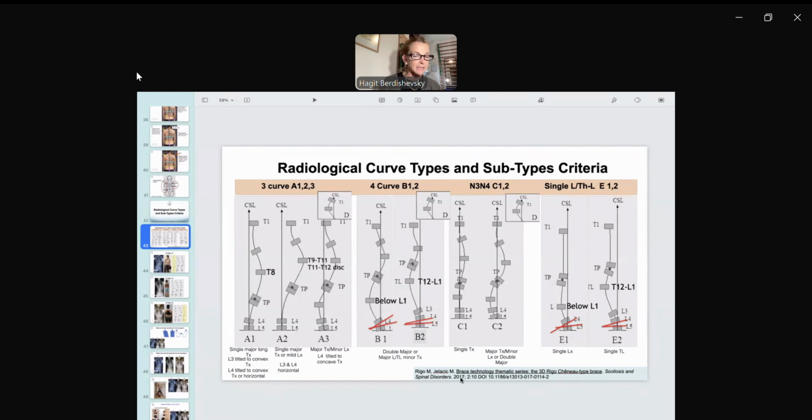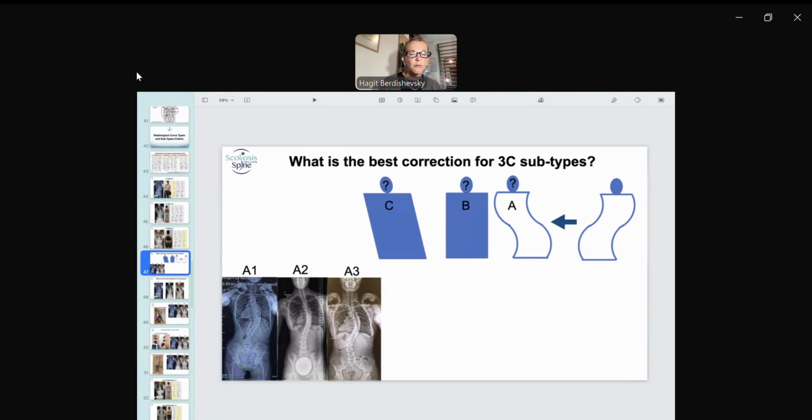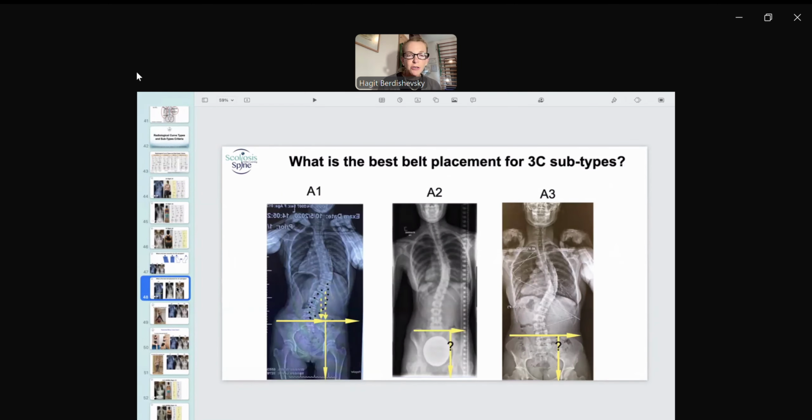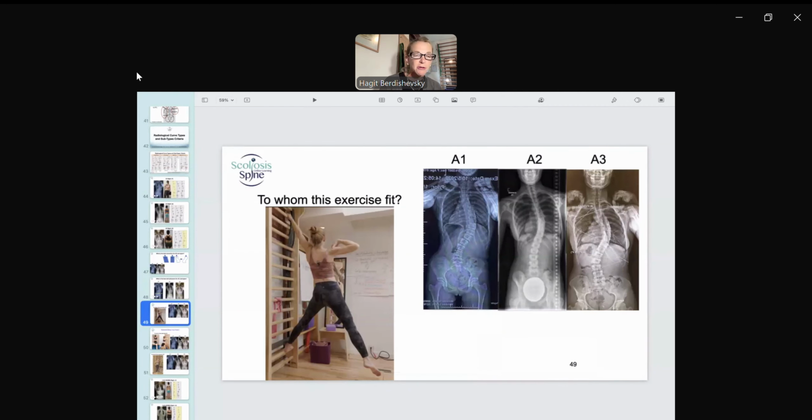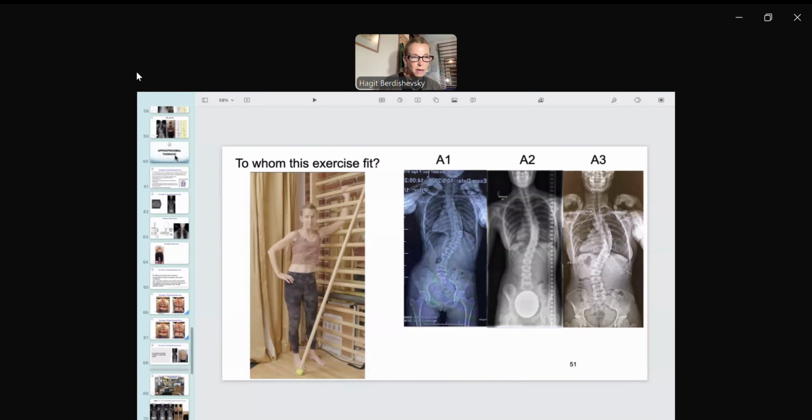I think the latest I have is from 2017. Basically, nothing really changed. These are the subtypes. And what is the importance of these subtypes for the best correction, traction belt placement and certain exercises? I think it's a very nice, good topic.